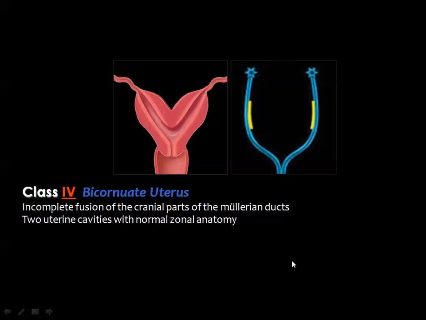In bicornuate uterus, there is some fusion between the bodies of the uterus, and there may be a single cavity at a distance from the fundus, or there may be two separate uterine cavities and two separate cervical canals.